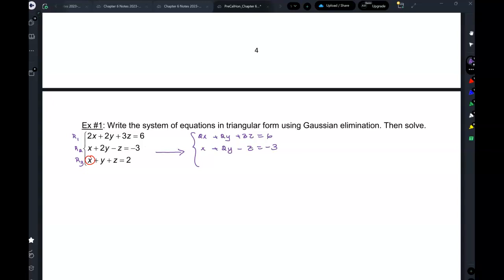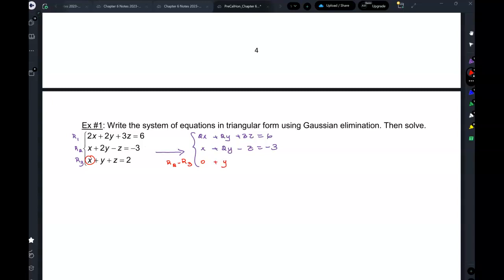Okay, so what I'm going to do here, and I always keep track of what I'm doing, I'm going to do row 2 minus row 3. When I do row 2 minus row 3, I do x minus x, I get 0. 2y minus y plus y.